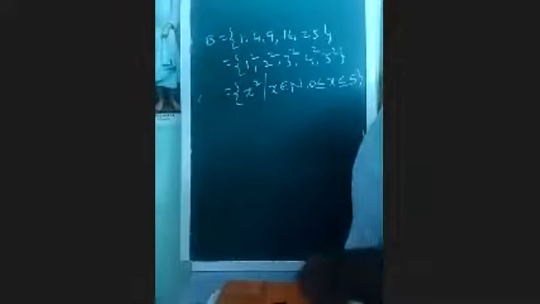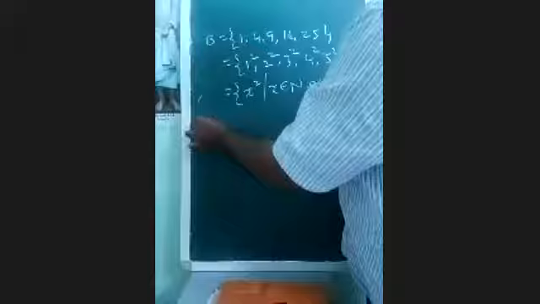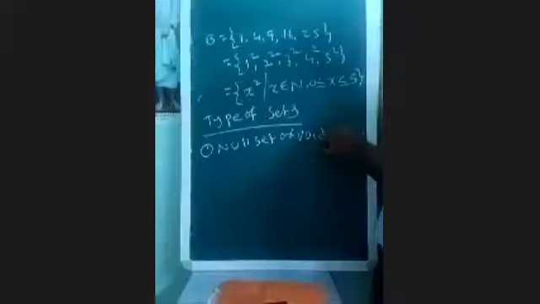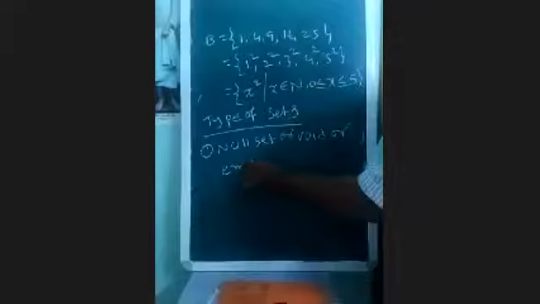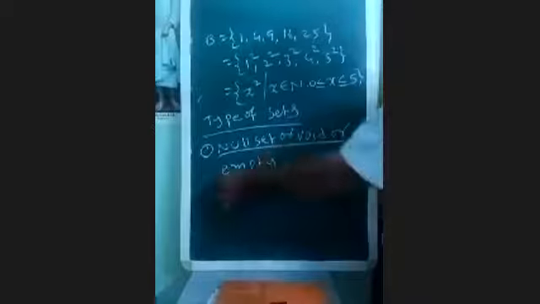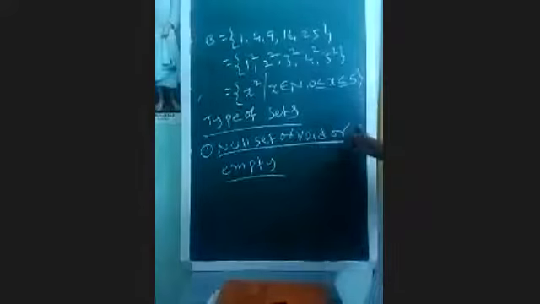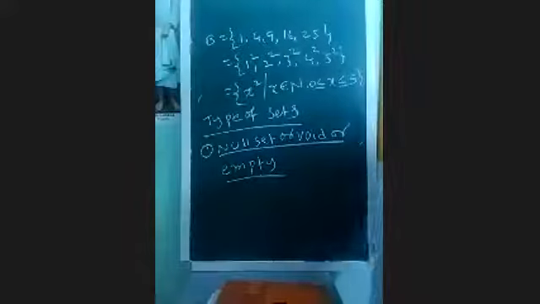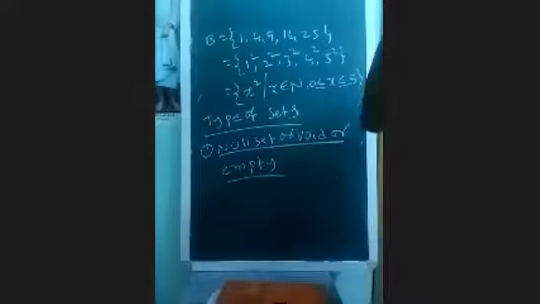Next, types of sets. First, the null set. The other names are void set or empty set. A null set is a set that has no elements.